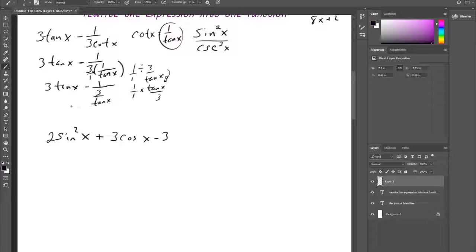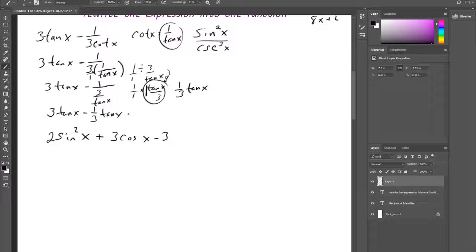Now putting that back together, this would be 3 tangent x minus tangent x over 3. Tangent x over 3 is 1/3 tangent x. That's the same thing. Now, these are like terms. This would be no different than 3y minus 1/3 y, which is 2 2/3 y.